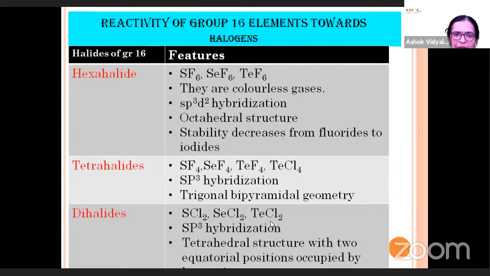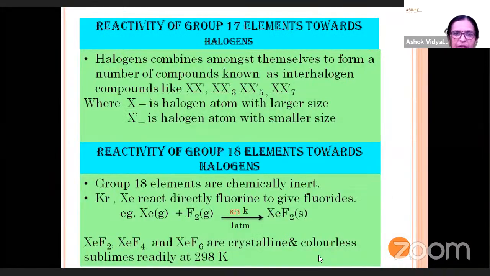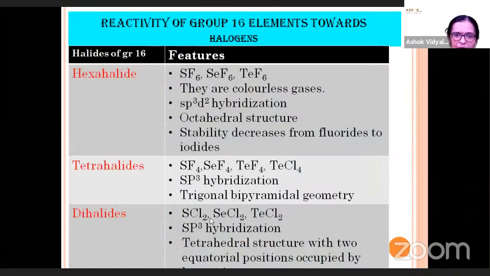Tellurium forms TeCl2, tellurium dichloride, and they show hybridization of the type sp3 and their geometry is tetrahedral with 2 equatorial positions occupied by the central atom, that is sulfur or selenium or tellurium. This is about the reactivity of group 16 elements towards halogens.